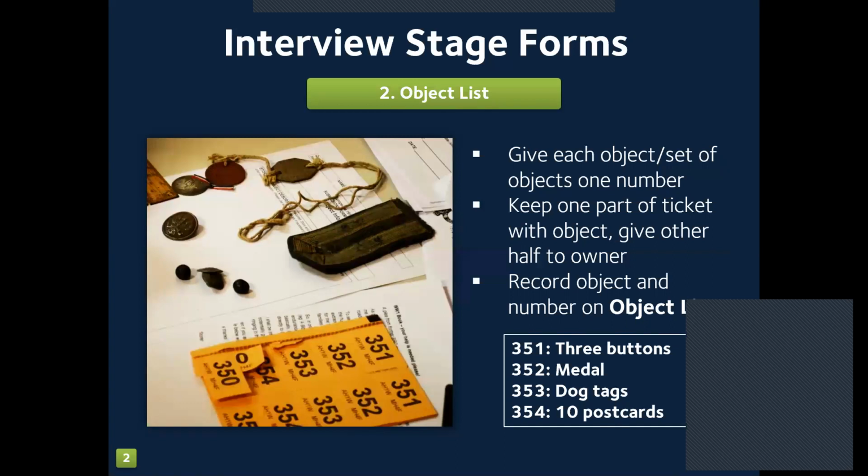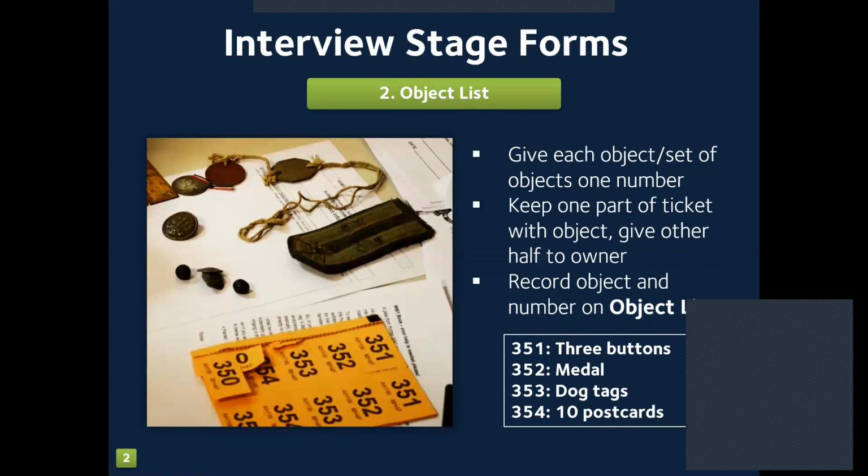If you think of cloakrooms at museums or music events, where you hand your coat in and you get a raffle ticket, at the end of the event you give them your raffle ticket and you get your coat back. We use the same kind of system for their First World War objects, but obviously these objects are more valuable than a coat. So you have to be really vigilant.